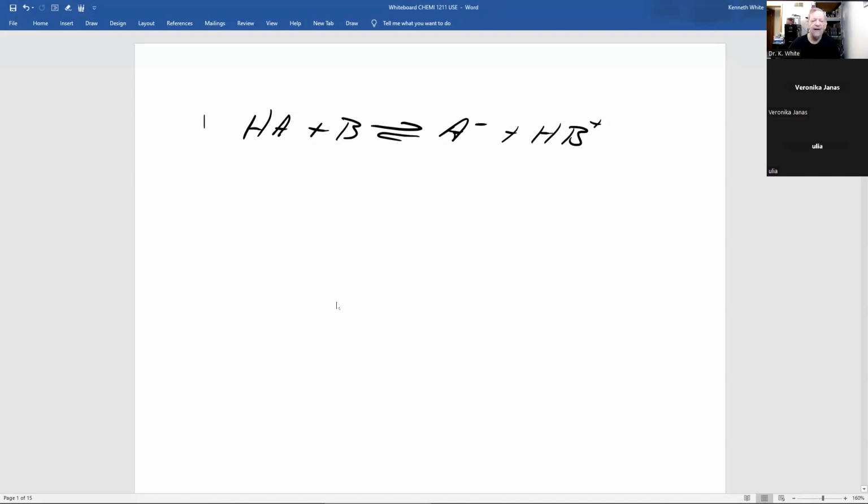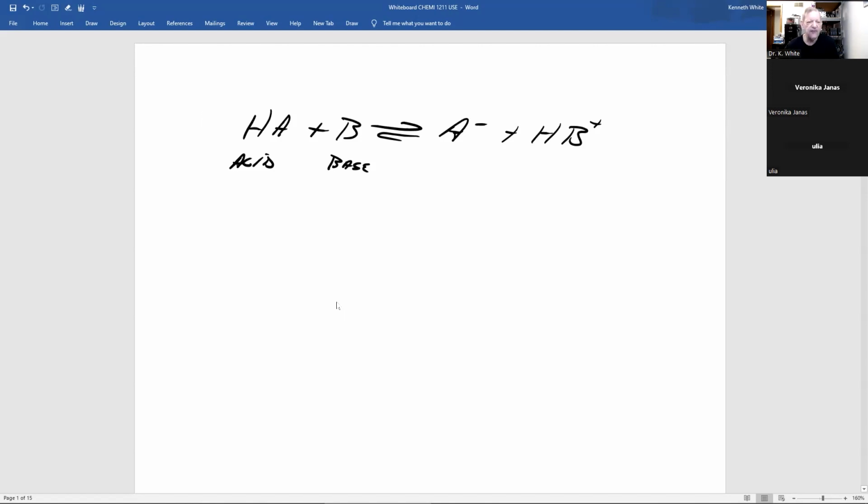All right, now, HA, let's call this an acid. And B, let's call it a base. Now, conjugates are molecules that differ by a proton. I'll never ask you what's a conjugate, but you'll need to know how to identify them.